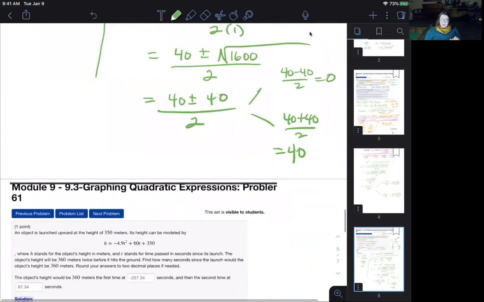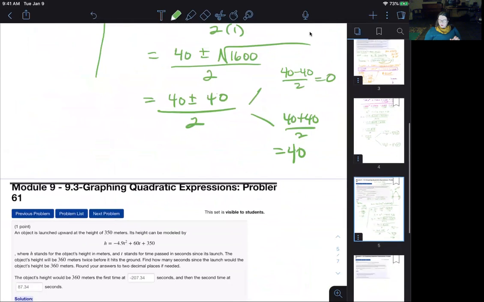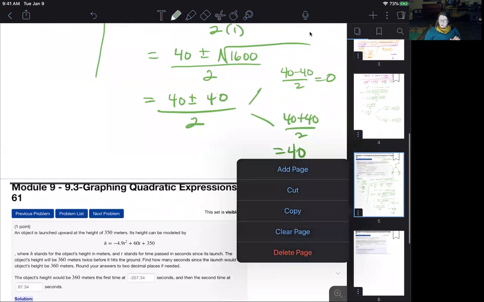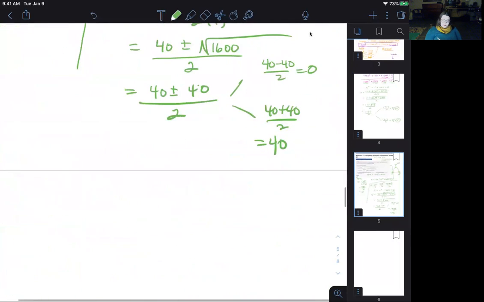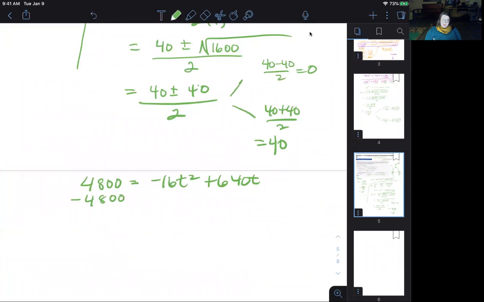So I'm going to set that up. Let me go ahead and insert a page. So I have 4800 equals negative 16t squared plus 640t. So I'm going to subtract 4,800 from both sides.